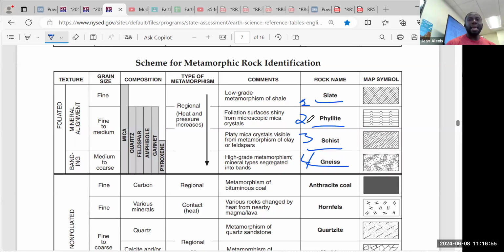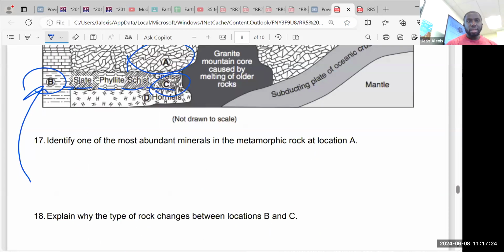What else is changing as you go from slate to phyllite to schist and gneiss, according to page 7 of the reference tables? The heat and pressure. What's happening to the heat and pressure? It's increasing. And that's your answer for number 18. As you head from rock B to C, the heat and pressure is increasing.